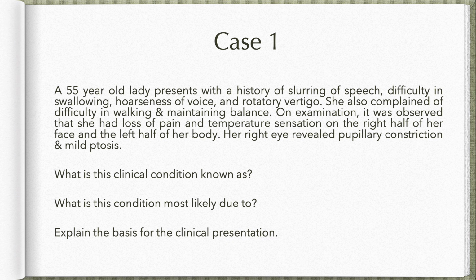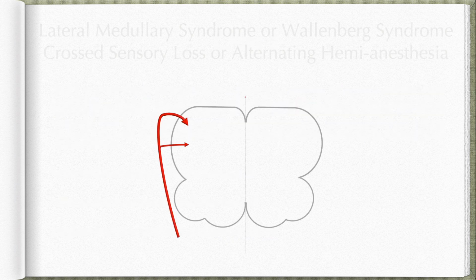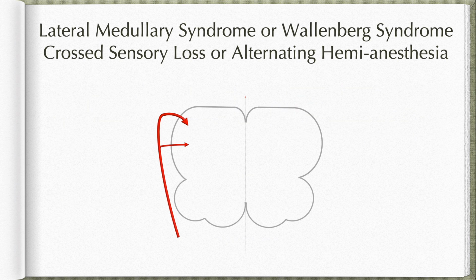Her right eye revealed pupillary constriction and mild ptosis. So what is this clinical condition known as? What is this condition most likely due to? And explain the basis for the clinical presentation. So this condition is known as lateral medullary syndrome or Wallenberg syndrome, also known as crossed sensory loss or alternating hemi-anesthesia.